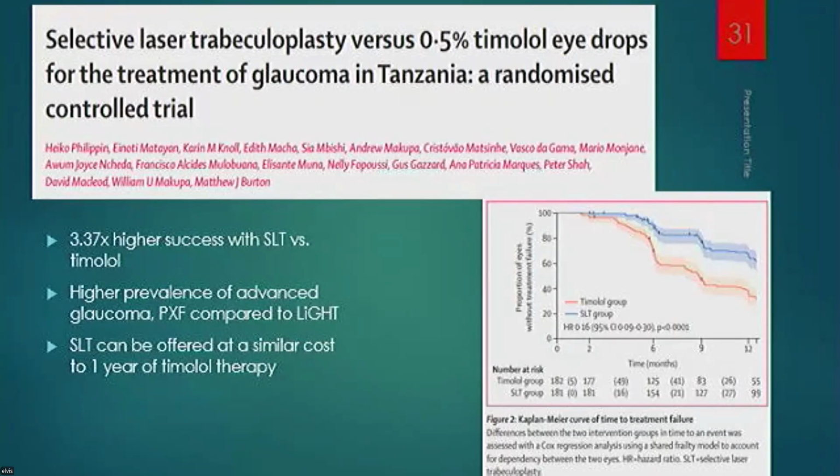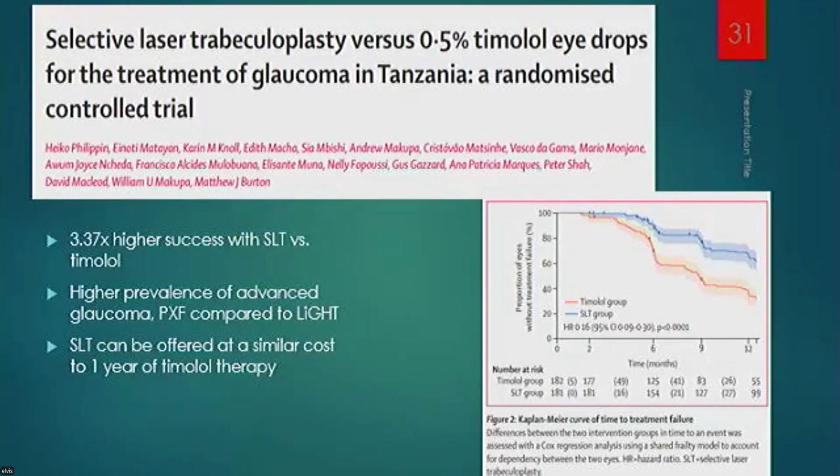And one of the big criticisms of the LiGHT trial was that it was glaucoma light. They're ocular hypertensives and mild glaucoma. Well, this was not. These patients had real glaucoma, much higher prevalence of pseudoexfoliation or advanced glaucoma compared to LiGHT, yet it continued to demonstrate its efficacy.